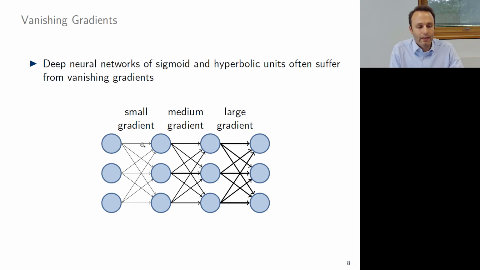And so if they're then updated with gradient descent, then typically what you take as a step size is the gradient itself. And if the gradient is small, well, your learning rate, the step size, will also be very small, and so you just have random stuff because you initialized your weights randomly.